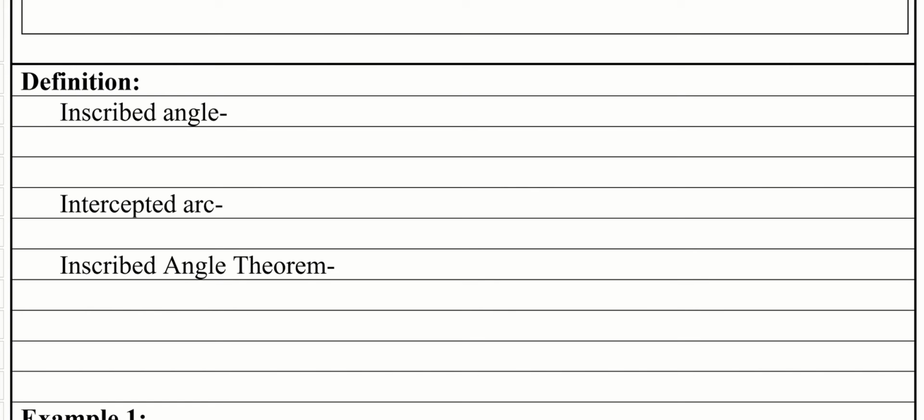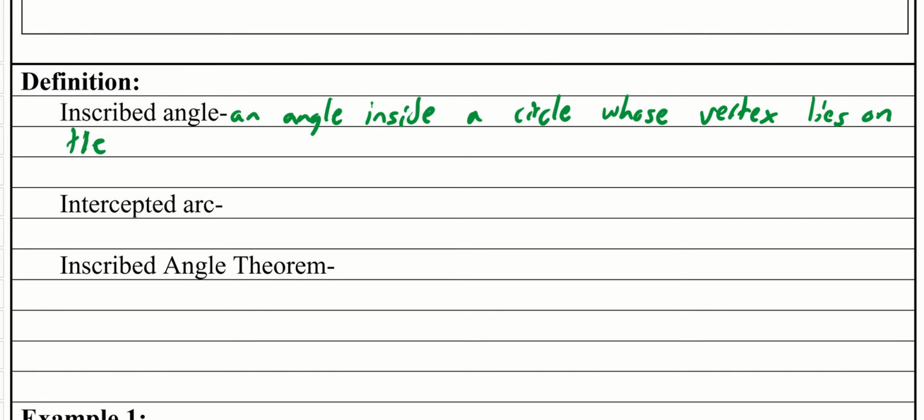An inscribed angle is an angle inside a circle whose vertex lies on the edge of a circle, or the circle, I should say. Okay, an inscribed angle is an angle inside a circle whose vertex lies on the edge of the circle.